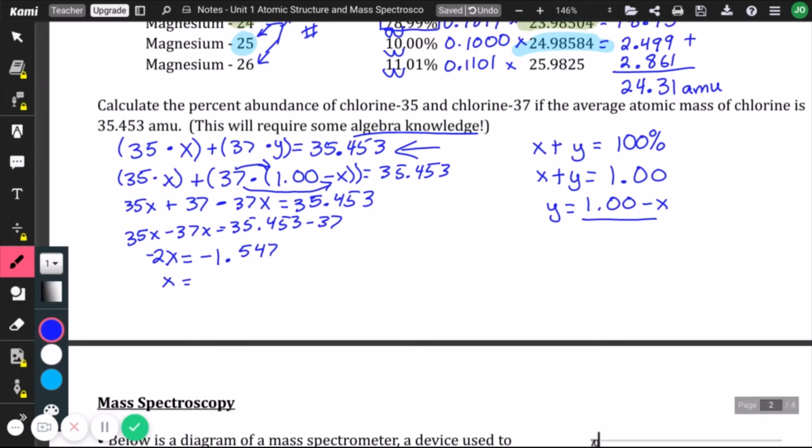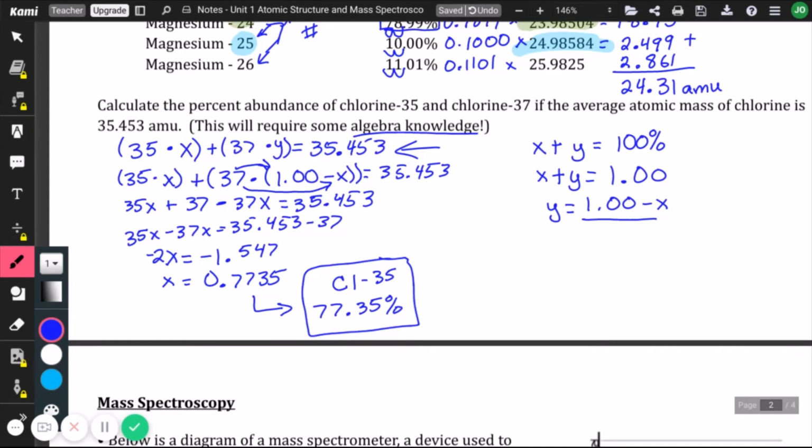Divide both sides by that negative 2, and you're going to get 0.7735. Okay, so there's our decimal, but they've asked me for my abundance, so let's convert that back into that percentage, which is 77.35%. Okay, so 77.35% of that is chlorine 35.